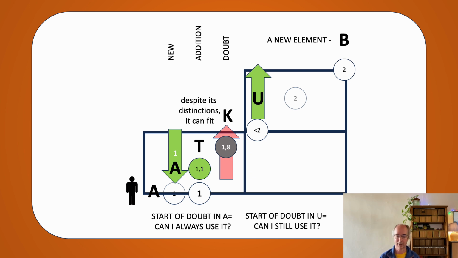And so we had a definition based upon our experience already in T, that we said, okay, we have already some differences, we have already some features, but we can still fit it in our logic, and that's actually only after having discovered the T that we are sure that A works. So only because of the T, the A works. We started, or we should start actually in a doubt in A by putting it into a process and say like, okay, can we always use it?